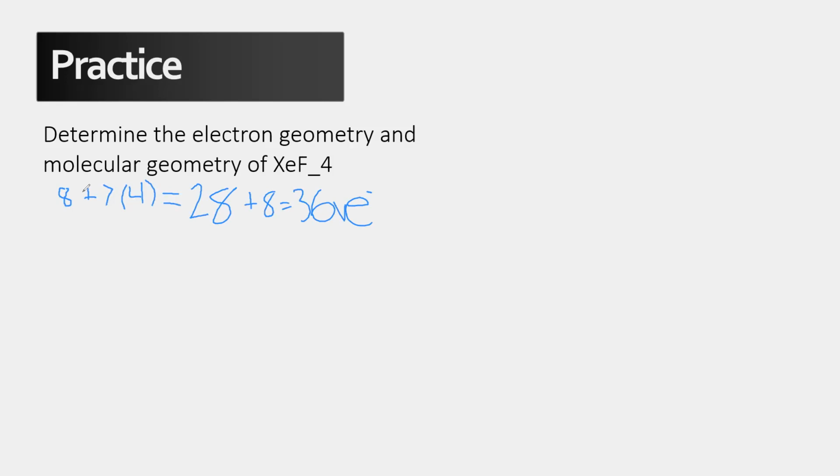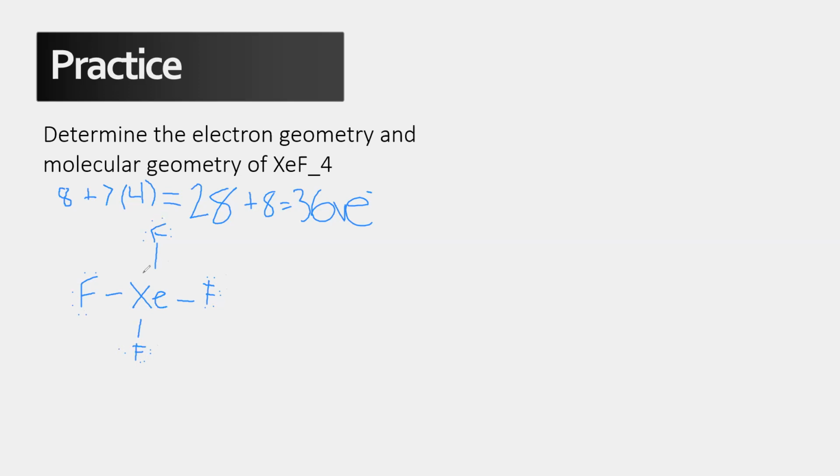Okay, now you're going to do your Lewis dot structure. We put xenon in the middle, and we know that there will at least be single bonds. Then we add electron pairs here. These are not perfectly symmetrical, that's okay.